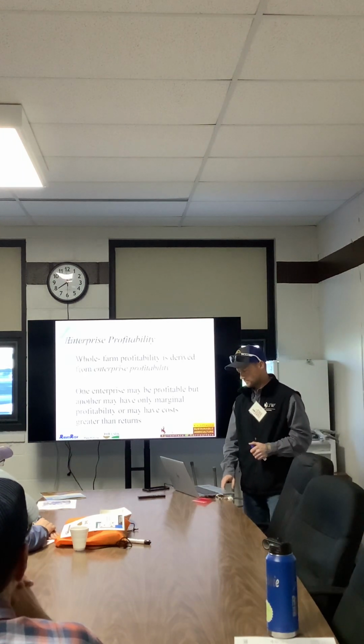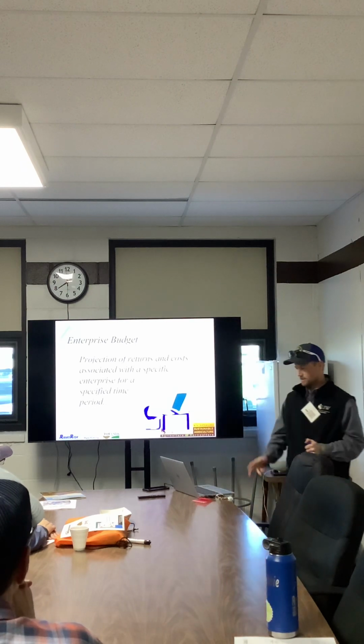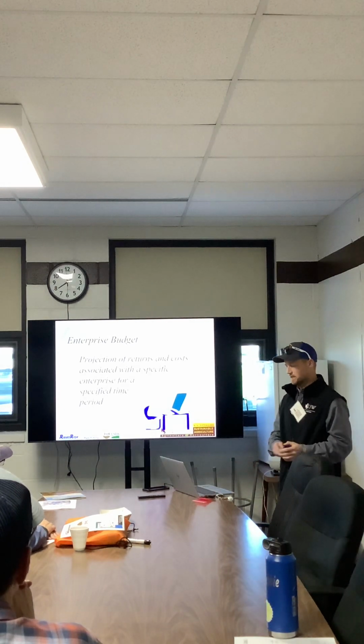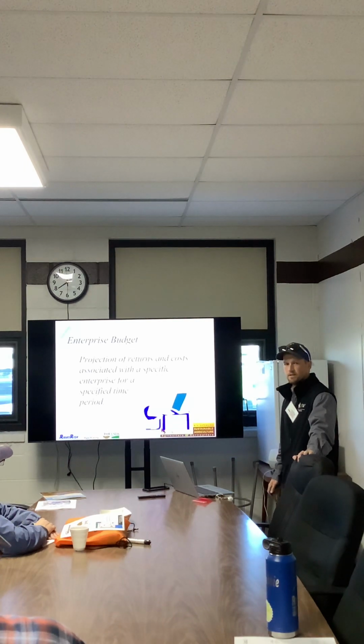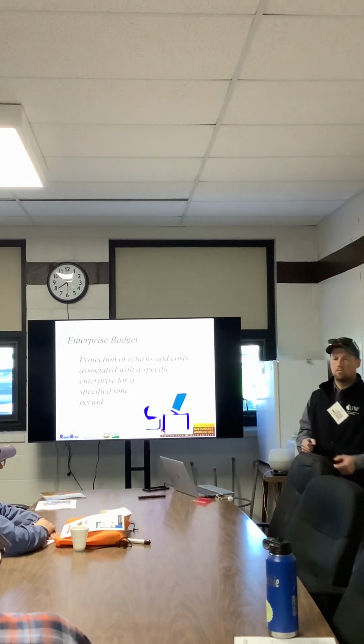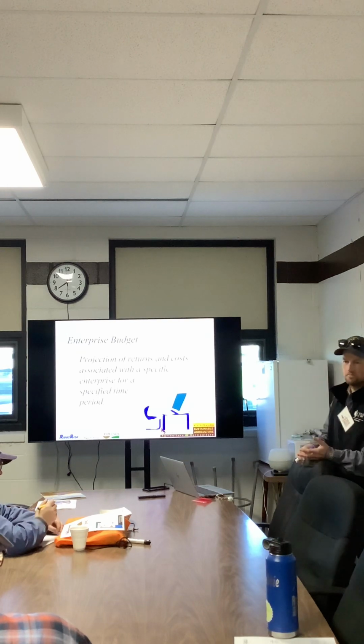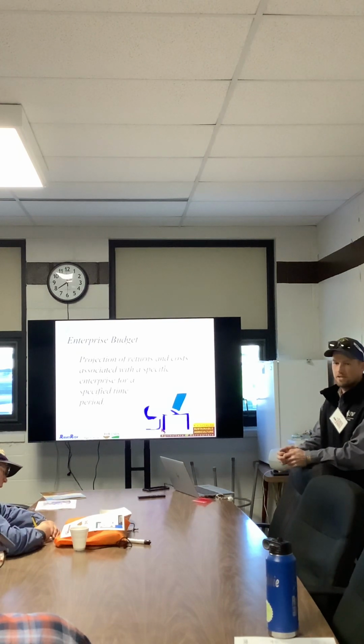Just an example. So an enterprise budget, like we talked about, is a projection of returns and costs associated with a specific enterprise for a specific period of time. And I think important terminology in this is specific period of time. So in an agricultural setting, we think about a lot of our enterprises on a yearly basis.